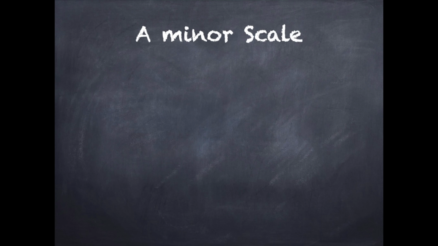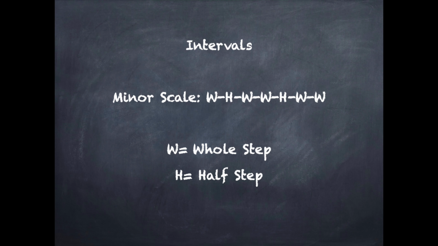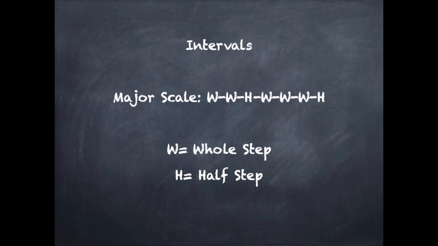In other words, we have A, and then we have a whole step to B, half step to C, whole step to D, whole step to E, half step to F, whole step to G, and then whole step to A. So the pattern of whole steps and half steps actually changes.